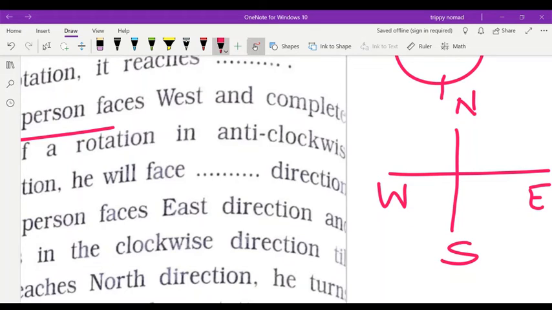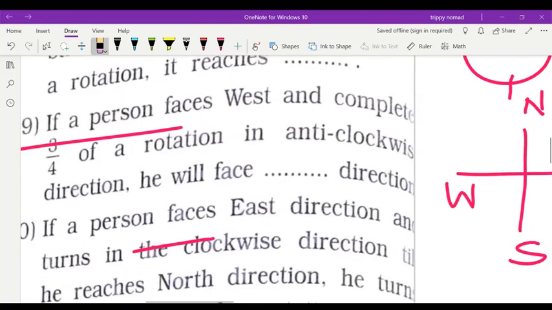and this side east and this side west. I hope directions are clear, and the person is facing which direction? East direction, this side. And the person is going to move which side? You just wait, let me read the question first.